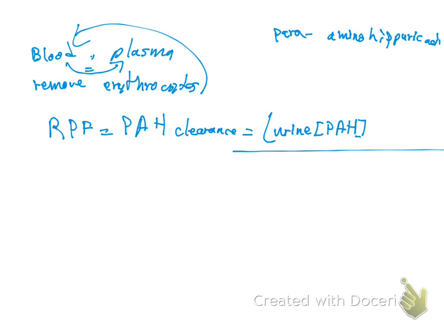So this is hippuric acid. The para-aminohippuric acid in the urine you're going to multiply by the urine flow rate, and then you're going to divide all of this by the plasma PAH.